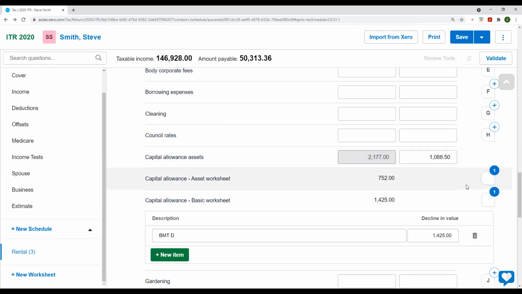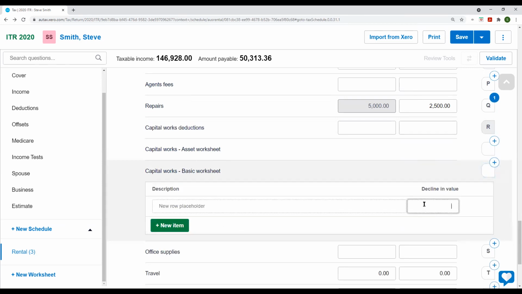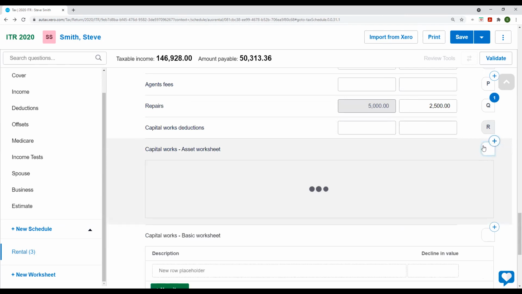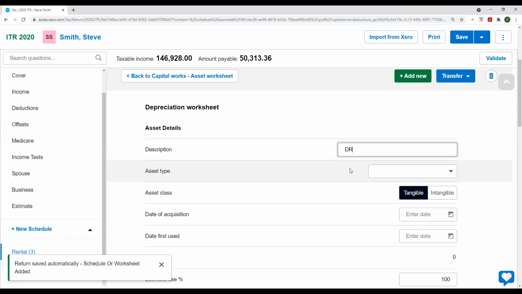But the other one here, when we come back down, capital works deduction, same way, anything that comes from the depreciation schedule, it will be here. Your client maybe did a new driveway or kitchen. So if he did a driveway, you're going to put it here, driveway.